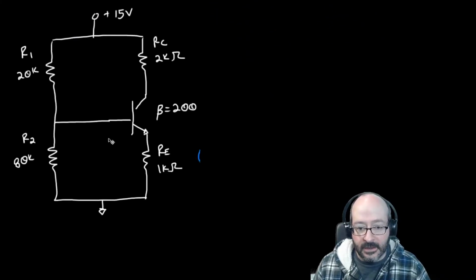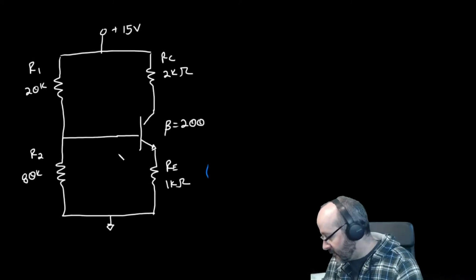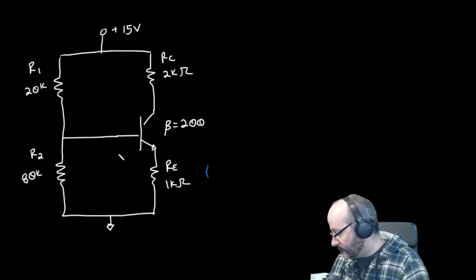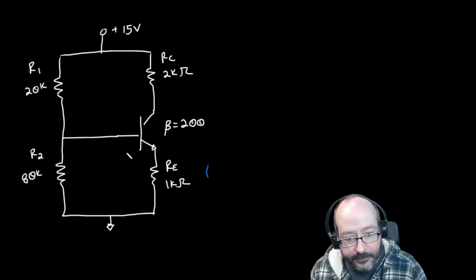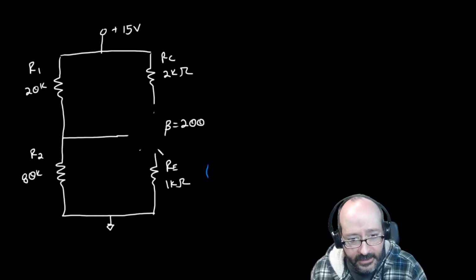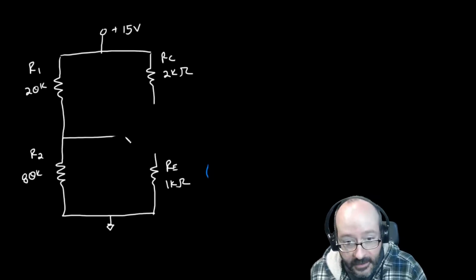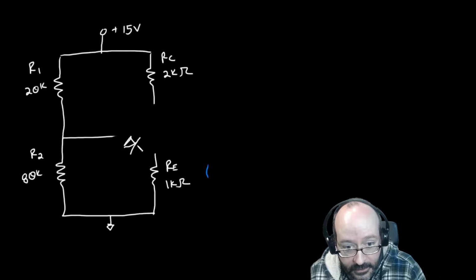Okay, so we take this and we have to redraw it. One way we can redraw it is by saying the base and the emitter are still connected by a PN junction, right? So we can draw that here and say, hey, this is effectively a diode, like that.